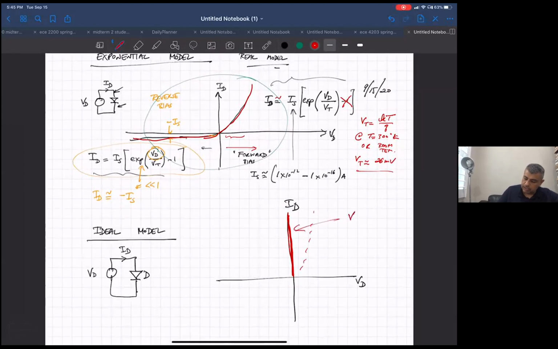So if V_D is greater than or equal to 0, R sub D is equal to 0. And out here, when V_D is less than 0, R sub D is infinite.